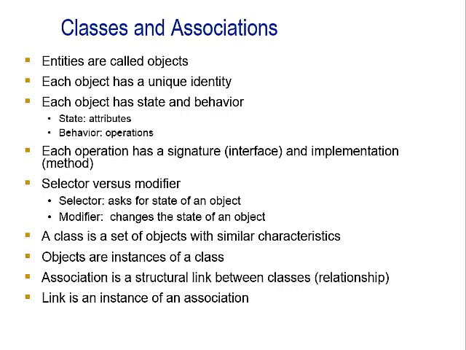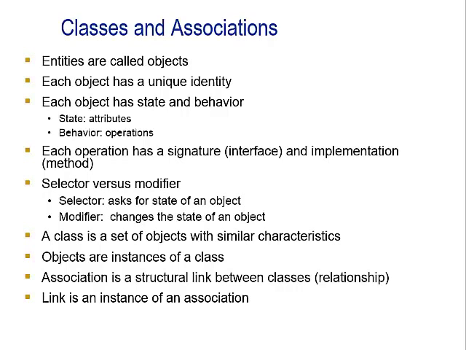In object-oriented design, it is common to add both selectors and modifiers to object definitions. Selectors and modifiers are also referred to as getters and setters. A selector, or a getter, allows me to get the value for a particular attribute. In other words, it allows me to get the name for a student, or maybe even get the age or gender of a student. A modifier or a setter allows me to set the name of a student, to set the gender of a student.